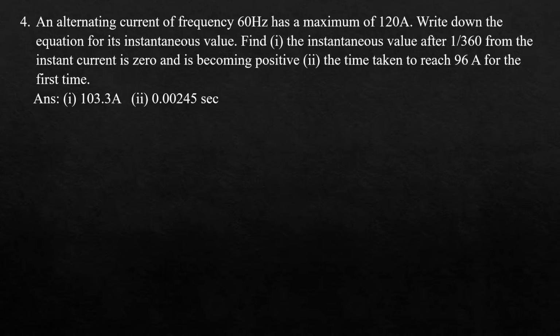And the second one, the time taken to reach 96 amperes. So t of 96 amperes. So i(t) is equal to 96 amperes, which is equal to 120 into sine of 120 pi into t in degrees. Therefore, t is equal to sine inverse of 96 by 120, upon 120 into 180. Okay, this is going to be a very small value, obviously.